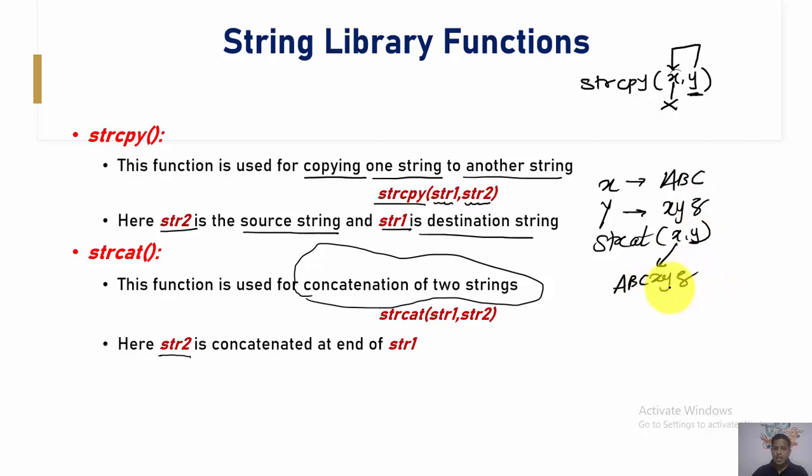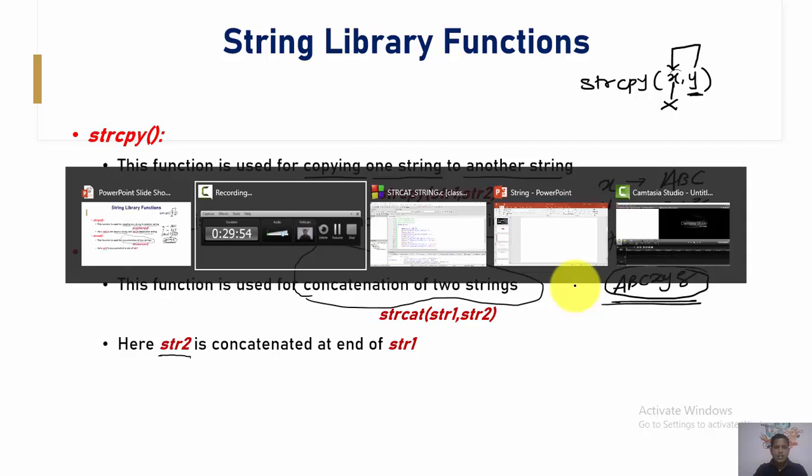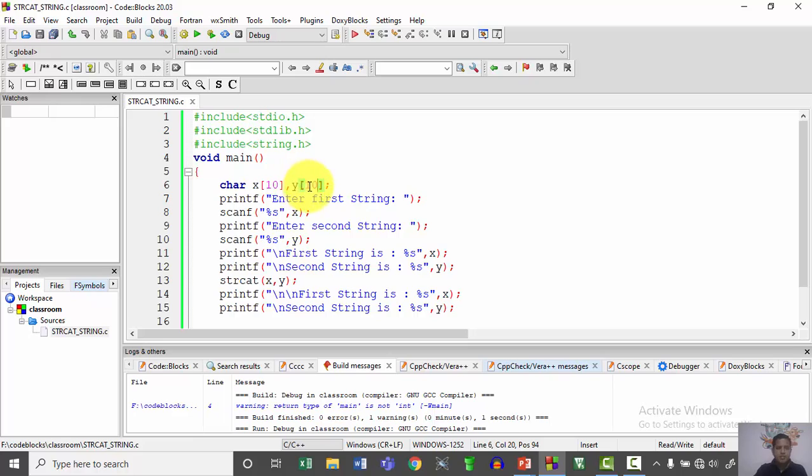So it is x, y, z, and when we print the value of x, I am getting ABC x, y, z. Why? Because we have appended, or combined, x and y together, and that value gets assigned to x, right? So let us consider this simple example. As usual, two strings, first string is x, second string is y. These two I am defining.